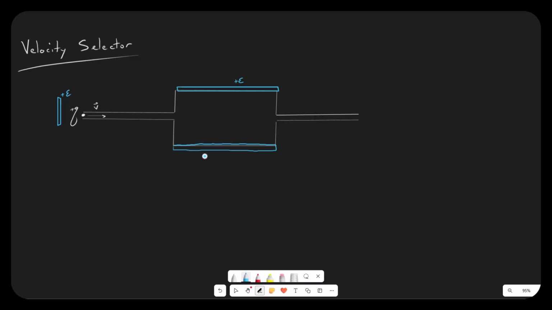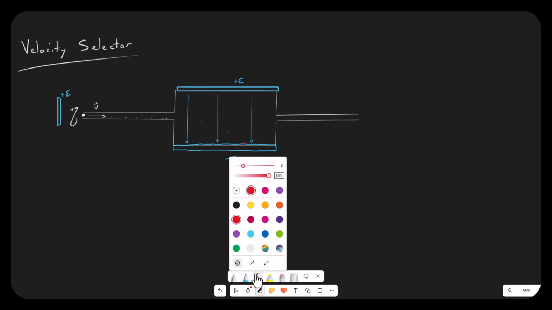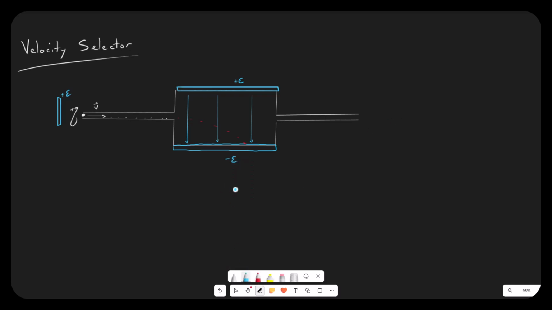So if we can put some amount of electric potential across this, then that produces an electric field. Now when my particle comes through, it's coming in, and it wants to go this way, and it's going to crash into my bottom plate. Now the particle doesn't come out the other side, and that's kind of good.